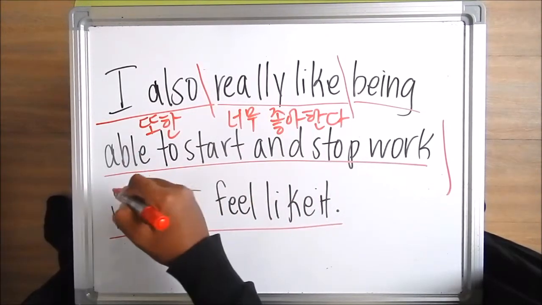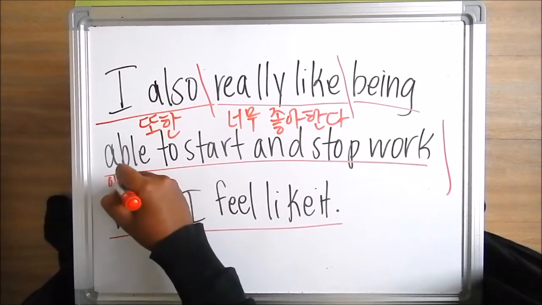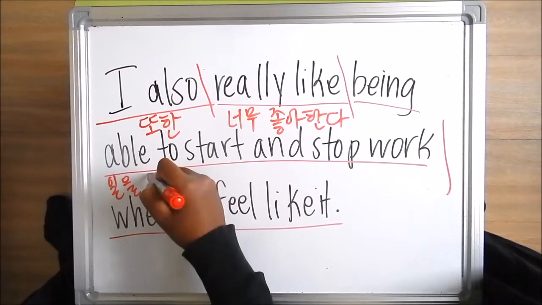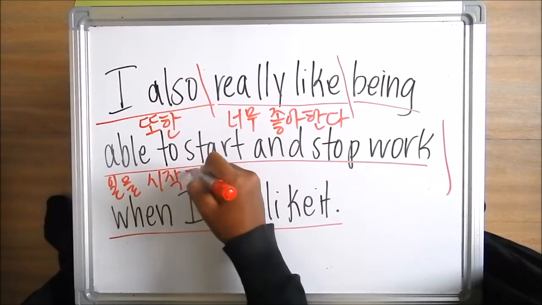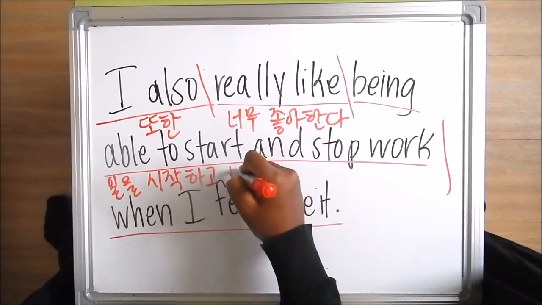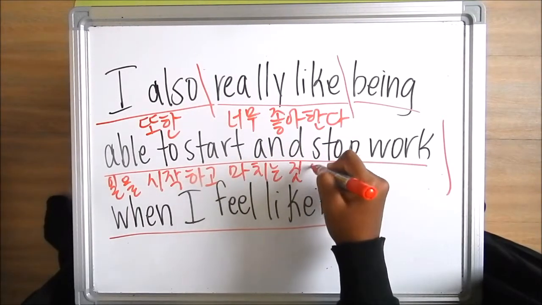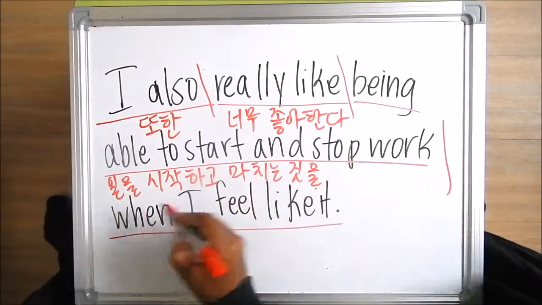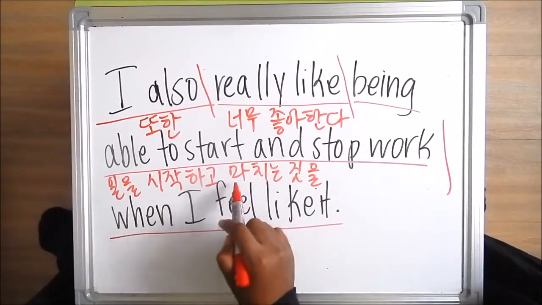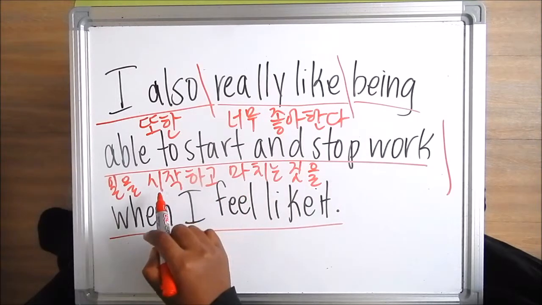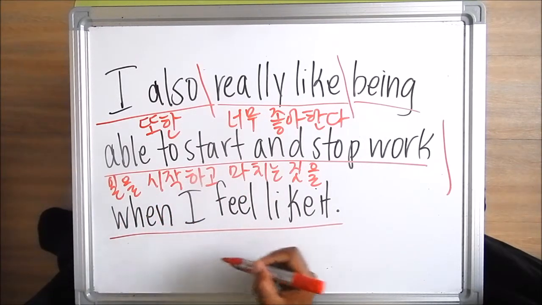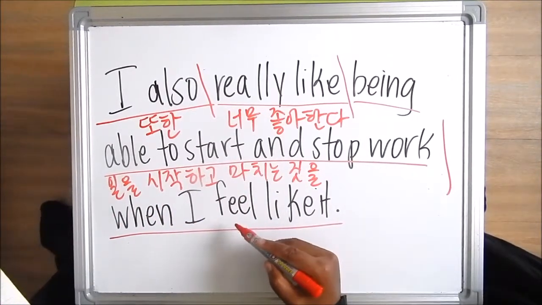So start and stop, work. So 일을 시작하고 마치는 것을. This makes so much sense when you see it. Work, start and stop. Starting and stopping work. So the reason I got really stuck on this part is when I feel like it.